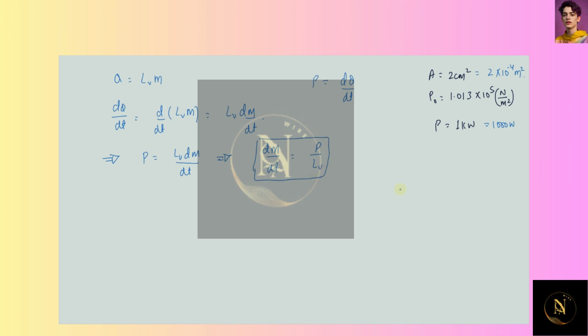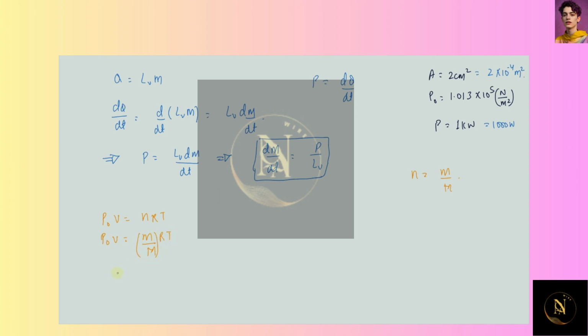Now I'll be using the ideal gas equation. So we know that the ideal gas equation is P_0 V = nRT, where n is the number of moles and n is equal to mass divided by molar mass. So P_0 V = (m/M) RT.